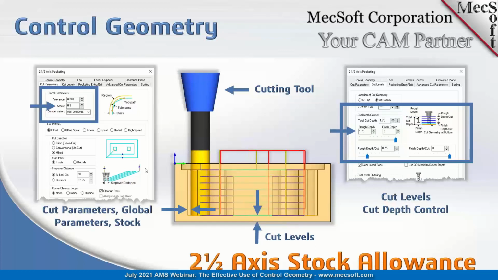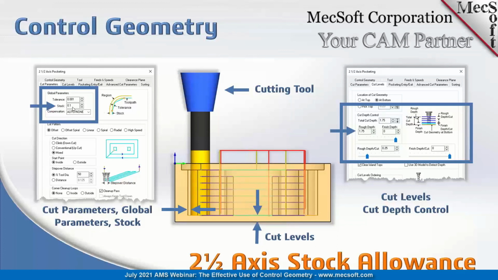Well, 0.1 for 2.5 axis stock allowance is only calculated in the X and Y directions of your control geometry. So if you're looking down on the part, as the tool moves in X and Y, this stock is being compensated for at your control geometry.